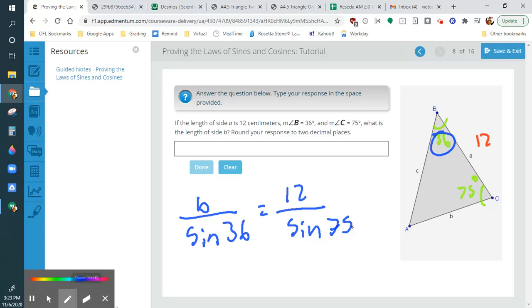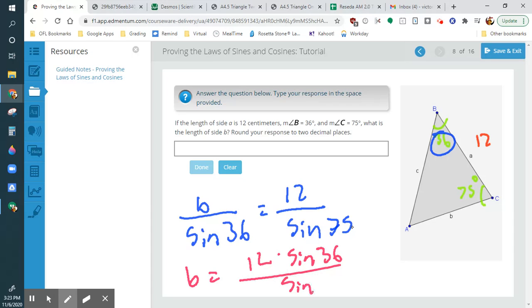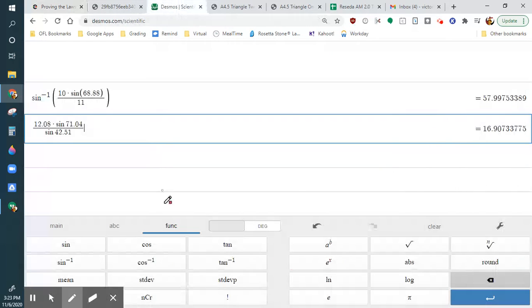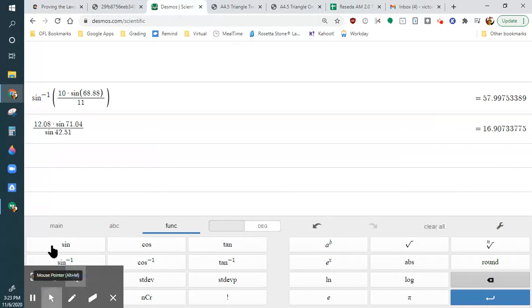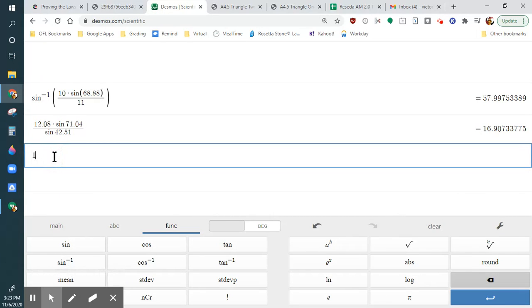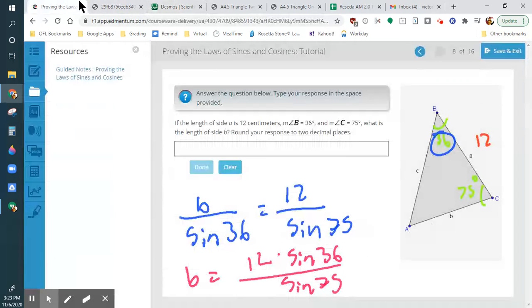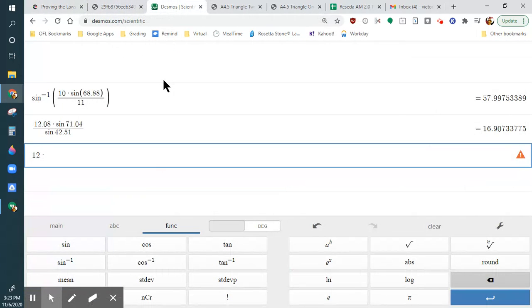And we can rewrite this to become b equals 12 times sine of 36 over sine of 75. And we're all going to type this into here. 12 times sine of 36.